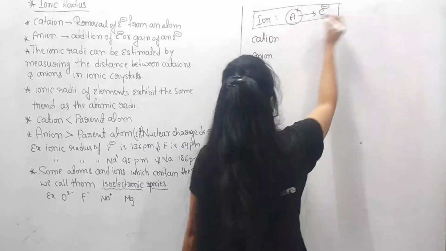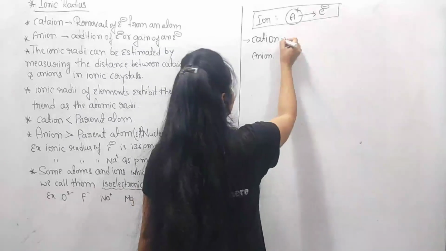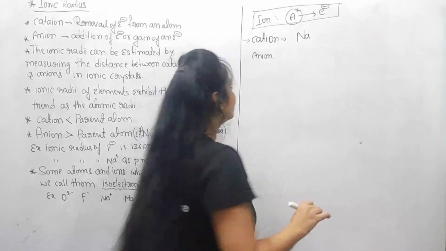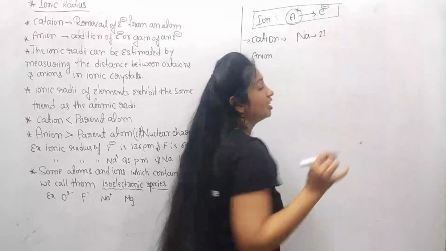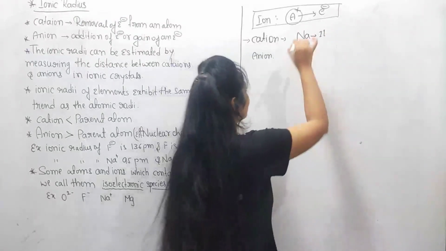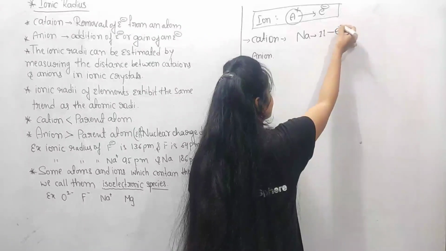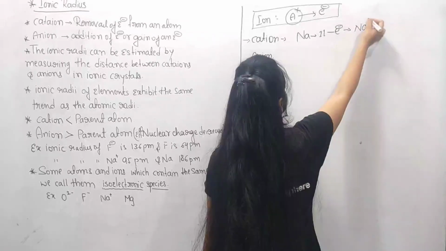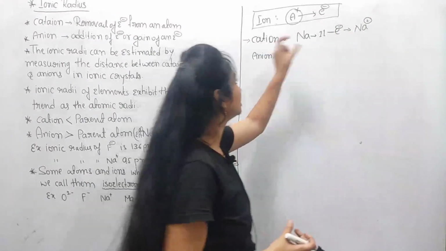And next, what do you mean by cation? Consider this is a sodium atom having the atomic number 11. If you remove one electron from this sodium atom, then it becomes a cation. How many electrons are removed here?